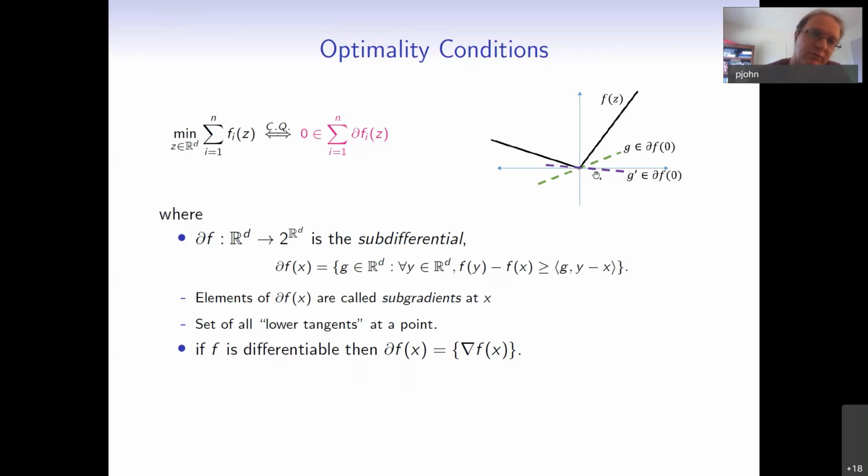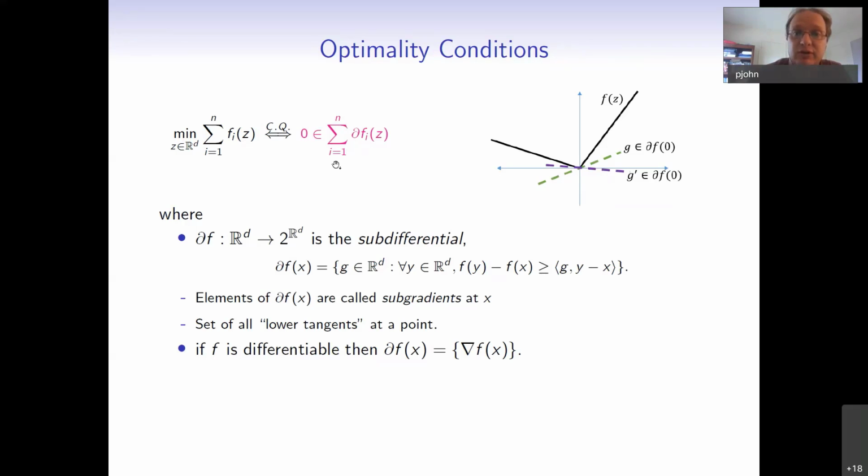And the optimality condition is just that 0 is included in that set. So this function is minimized at 0, and that's because you can find 0 within the set of all possible sub-differentials at that point. If f is differentiable, then the sub-differential just reduces to the regular gradient.